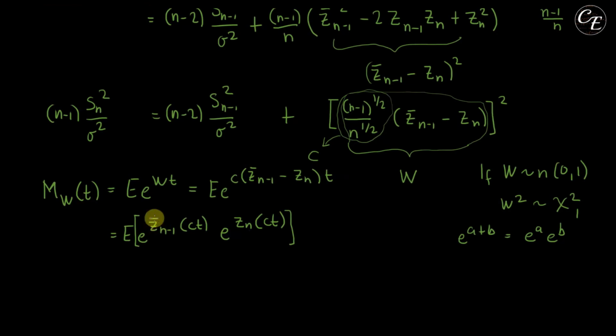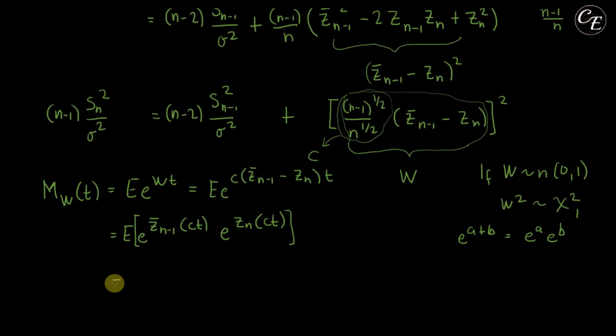Now this z bar sub n minus 1 has no z sub n because this one is averaging from 1 until n minus 1 samples. Now since the z sub i's are independent, then this term in here and this term in here are independent. Since they are independent, then we can distribute these expectations for each term in here.